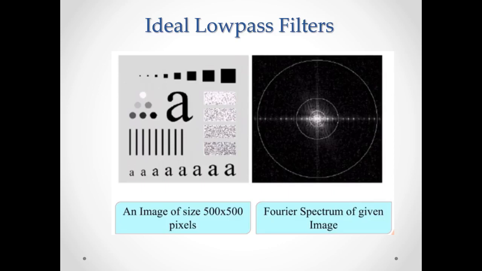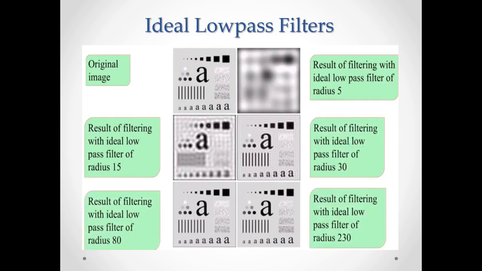So here, if you consider this waveform, the transfer function is 1 for the value less than d naught, and the transformation function will be 0 for the value above d naught, which means the high frequency components in this signal will be removed and only the low frequency components will be retained using the ideal low pass filter.